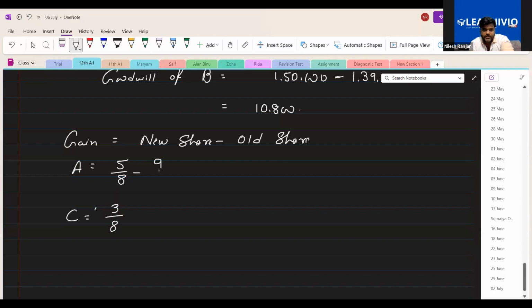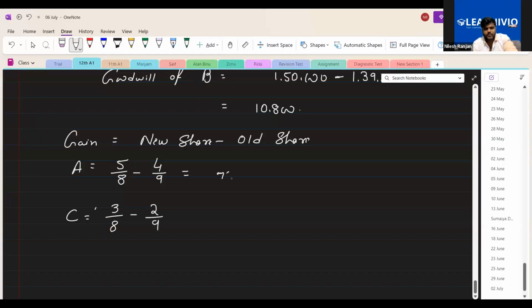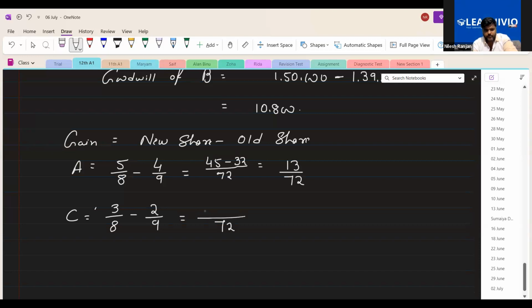A's old share was 4/9 and C's old share was 2/9. So the gaining ratio is 13:11.